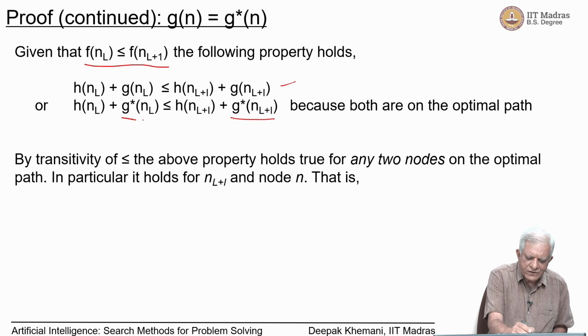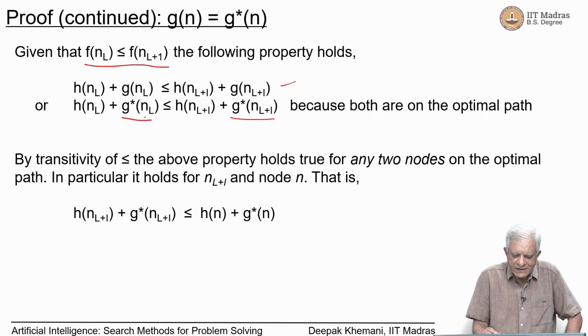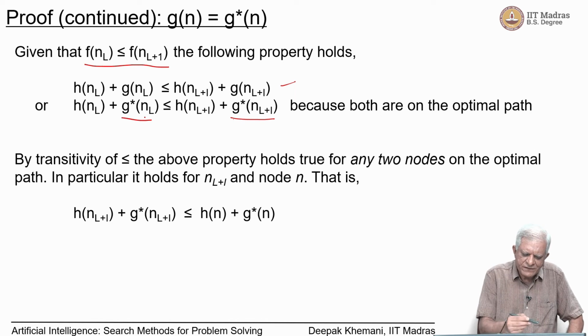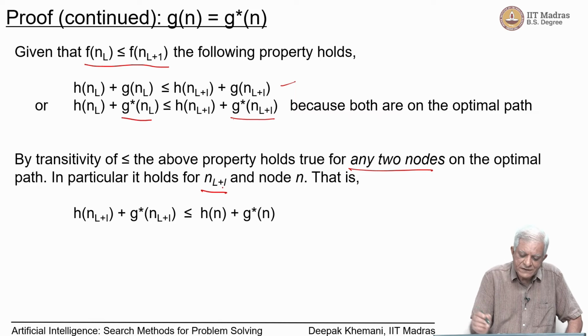So, here also we have reduced both g of n, both for n_L and n_{L+1}, we have said that this is true essentially. So, by transitivity of this inequality, the above property holds for any two nodes on the optimal path. So, in particular it holds for node n_{L+1} and node n.